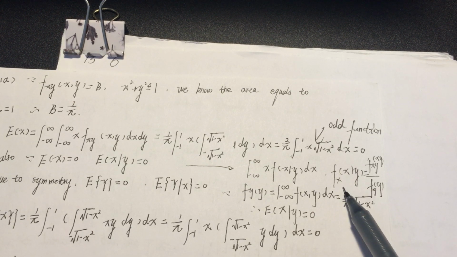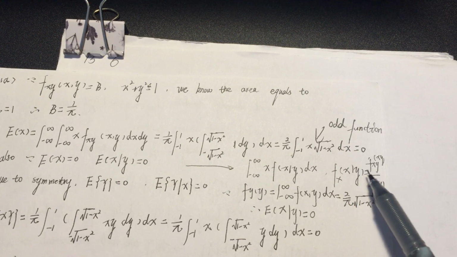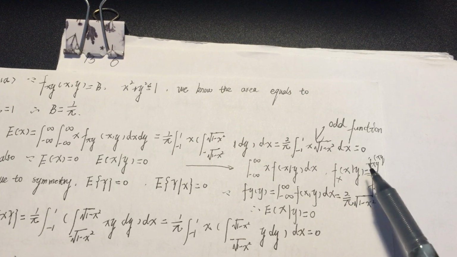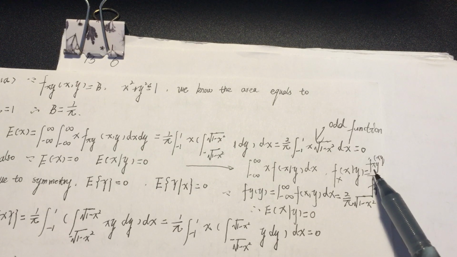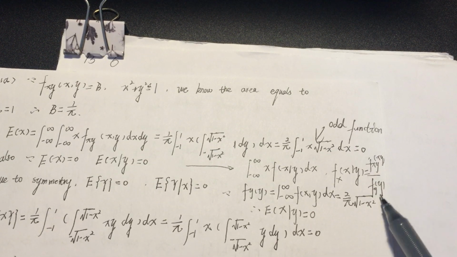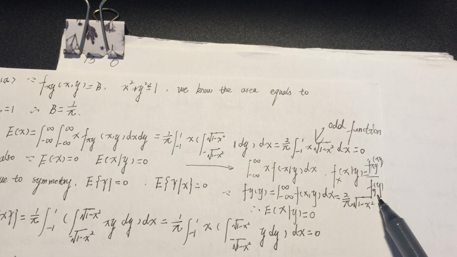The conditional density function equals f(x,y) over f(y). We have already known this from the previous lecture.